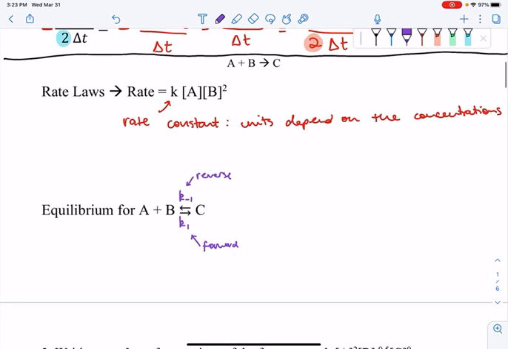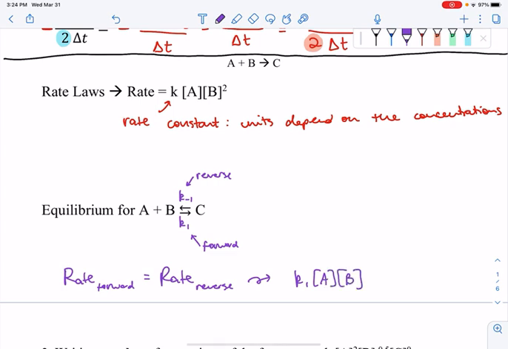So when is equilibrium met? It's met when the rate for going forward equals the rate for the reverse. So we could write that out as k1 times A times B, and we don't yet know what these exponents are, so we'll just give them variables, would be equal to k negative 1 times C with its variable up there. We'll figure out what those variables are later.